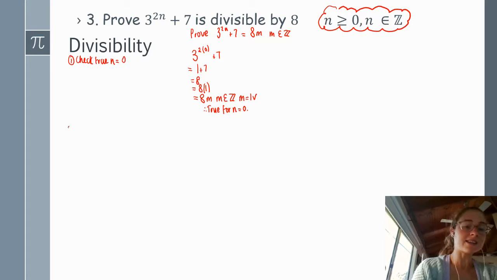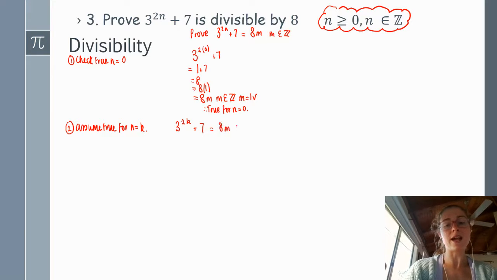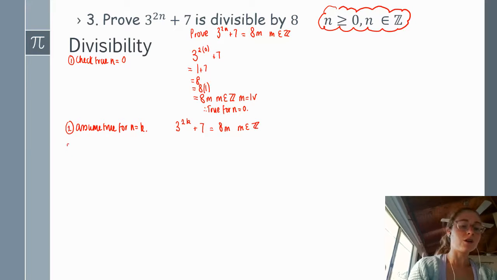Okay, second step, assume true for n equals k. So everywhere you see an n, just plug in a k. So I'd get 3 to the power of 2k plus 7 equals 8m. You can leave m as it is, and just remember that m is within Z. Step 3.